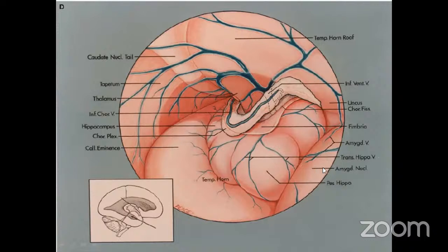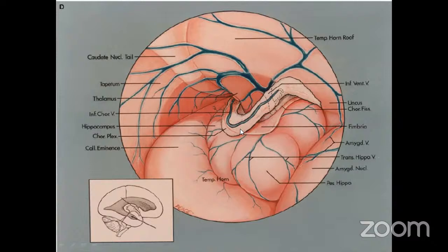We can also see the amygdaloid nucleus that bulges in the anterior medial part of the temporal horn. This is the pes hippocampus, the bulbous digitated anterior end of the hippocampus, in the anterior part of the floor. The choroid plexus is attached to the choroidal fissure.